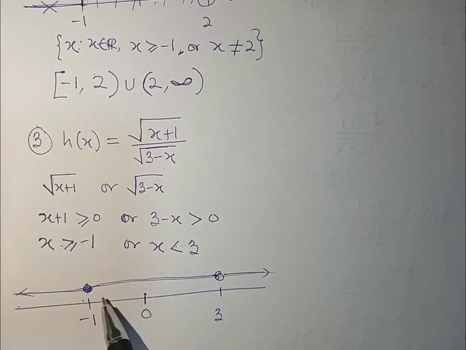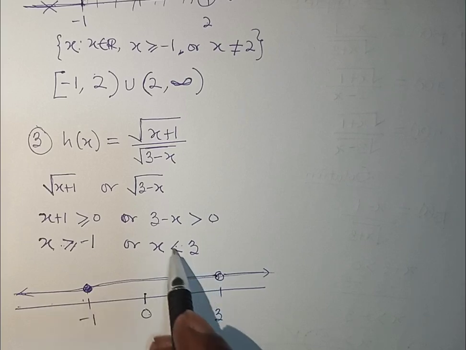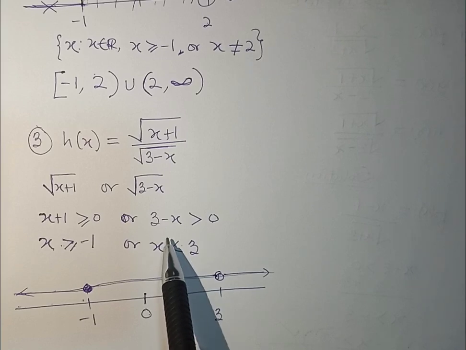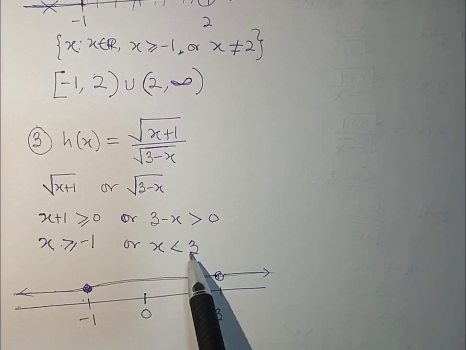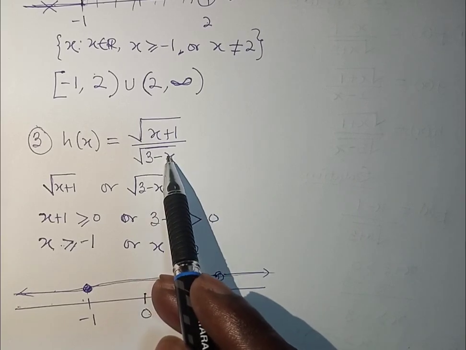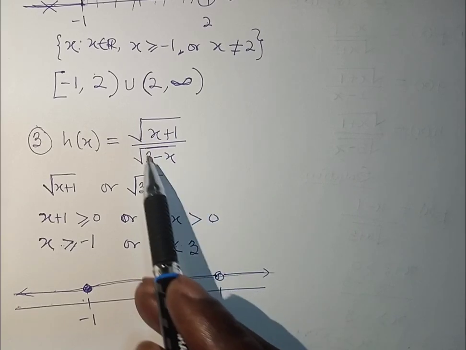You realize that there are times that, for instance, if I pick a number from here, we are saying that it should be less than 3. Okay, so if I pick -2, -2 is less than what? 3. Let me see if I substitute it here. If I substitute the -2 here, you realize that it will satisfy it.